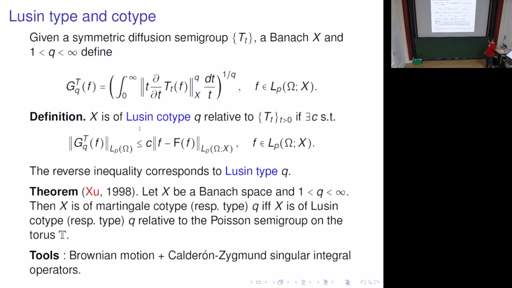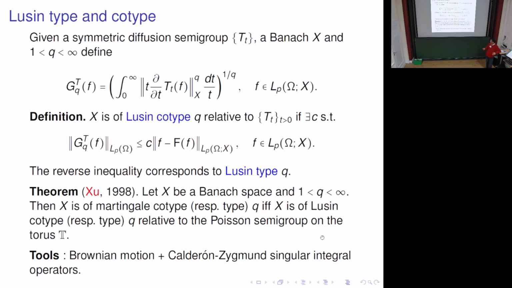Some ideas of the proof appear again in the latest work I will present later, using probability theory and also Calderón-Zygmund singular integral operators. I will mention this in more detail later.